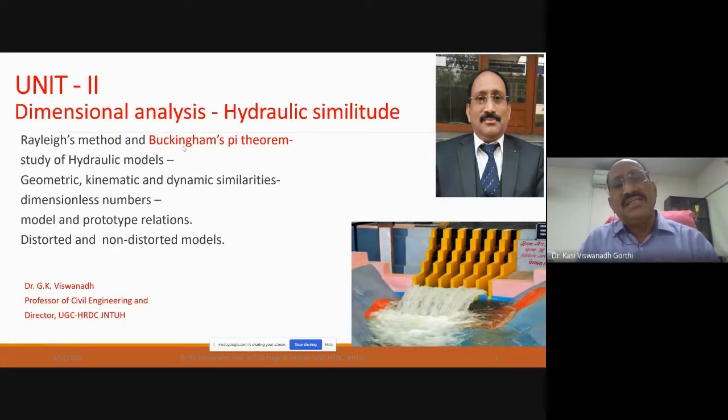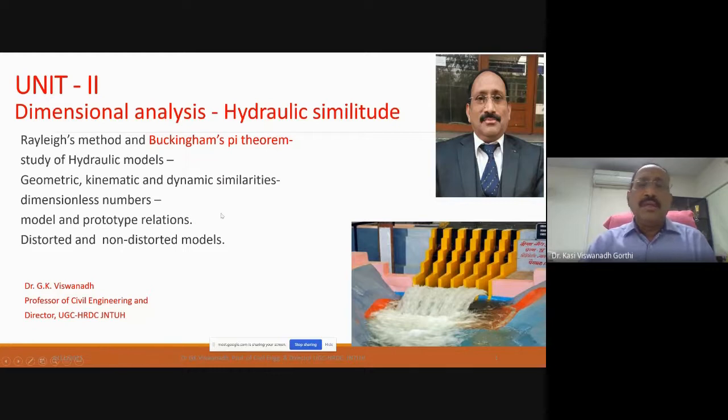This functional relationship can be converted into an exponential equation by multiplying all the independent variables, raised to the powers of different exponents.